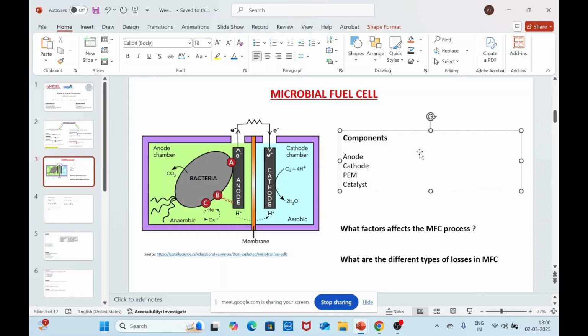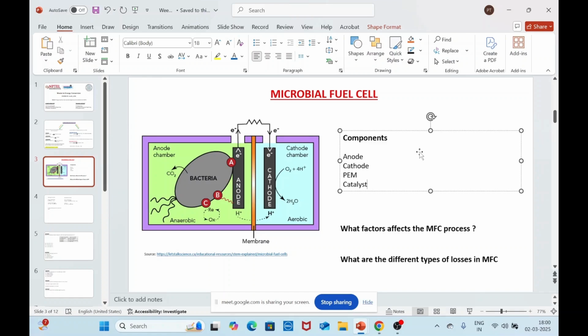They need to conduct the electrons and transfer them from the anode to the cathode, so it should have very low resistance and be highly conductive. That is the basis for the selection of the anode and cathode material.